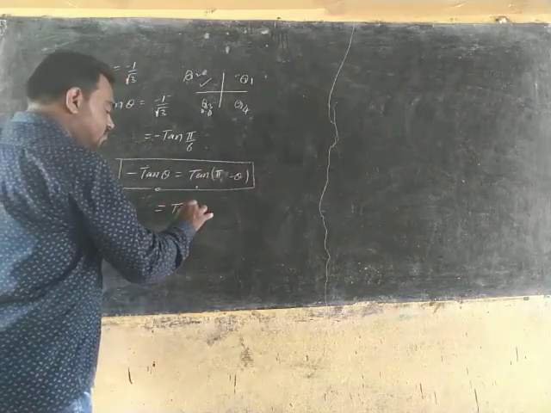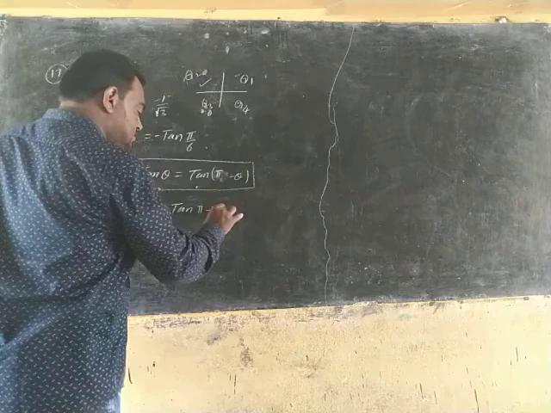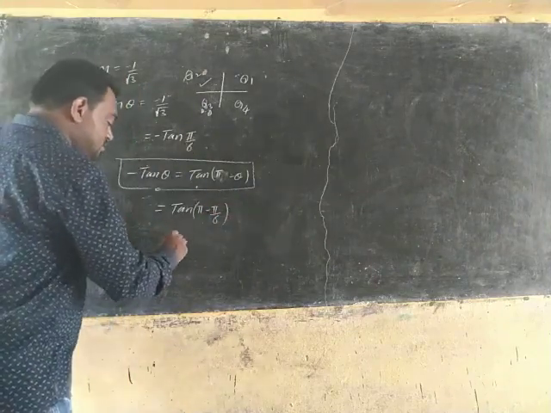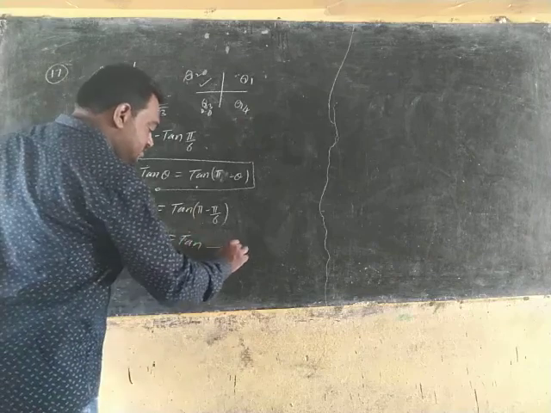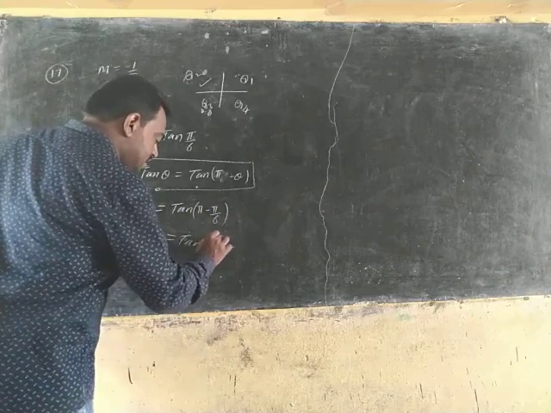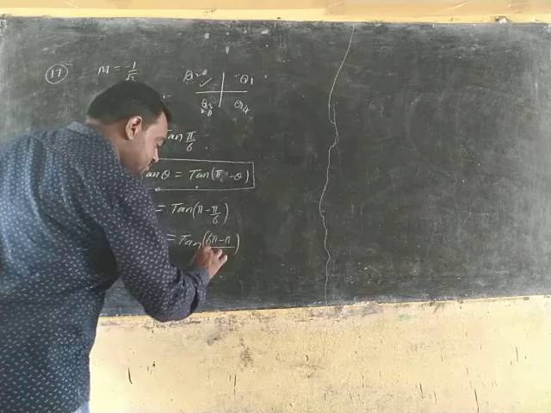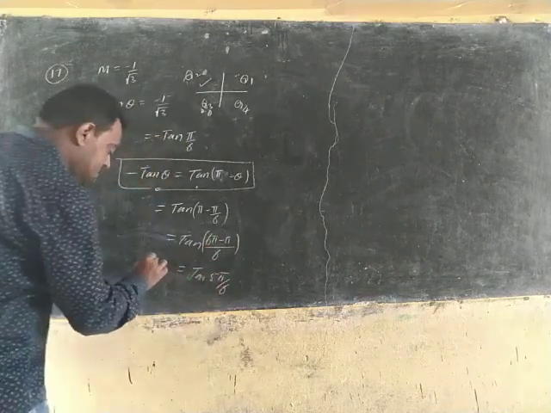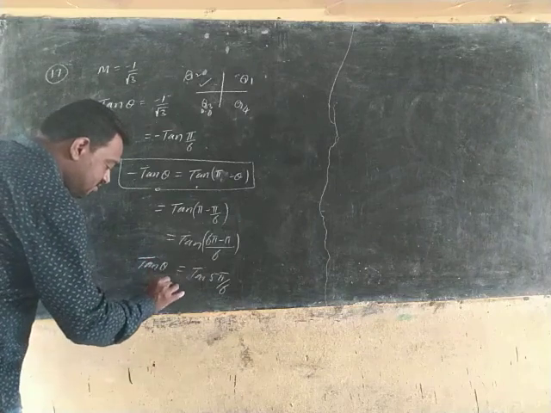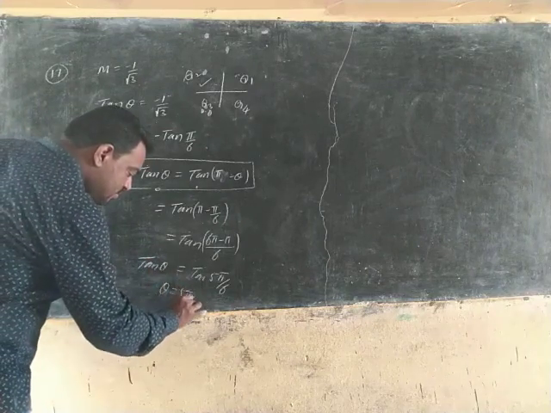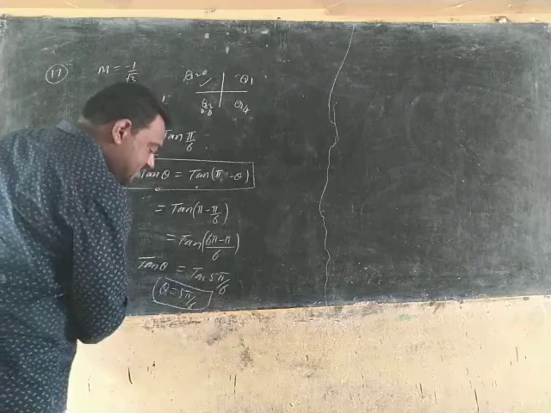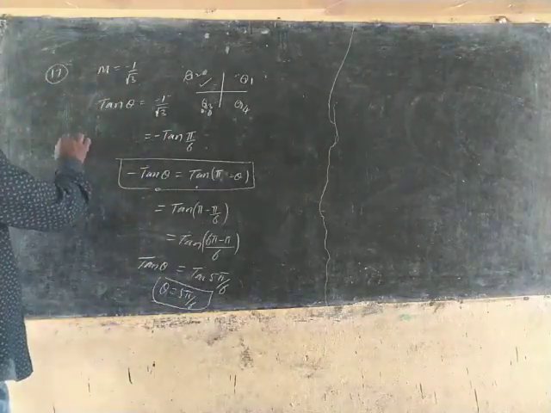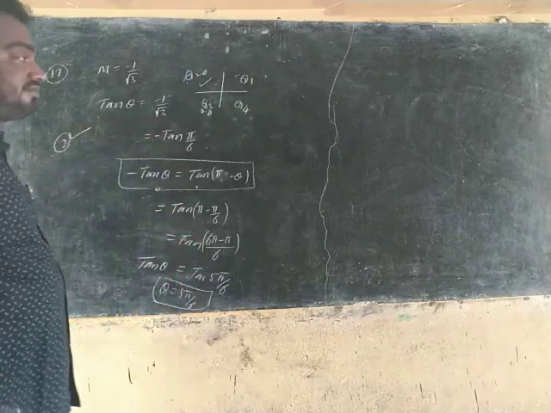So tan of pi minus pi by 6, in place of theta, pi by 6. Here 6 is the LCM, 6 pi minus pi, that is tan of 5 pi by 6. So theta is equal to 5 pi by 6 is the right answer, which is option 2.